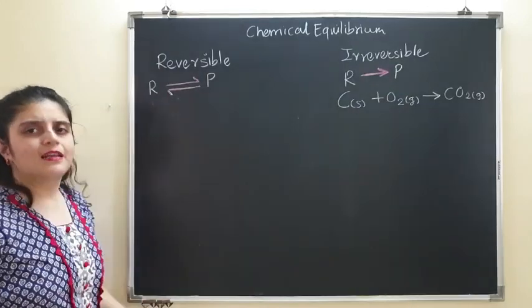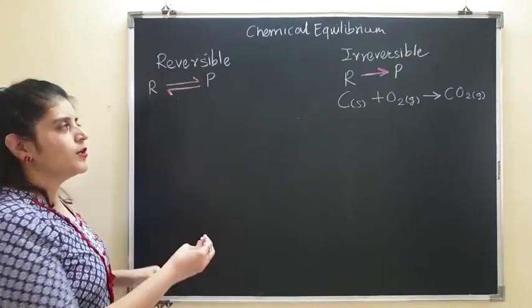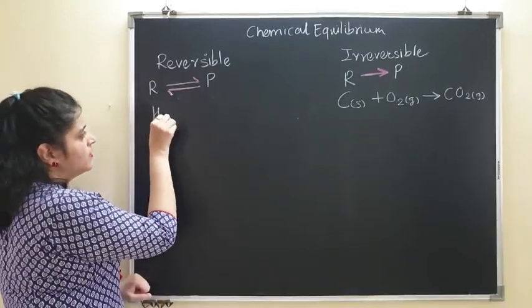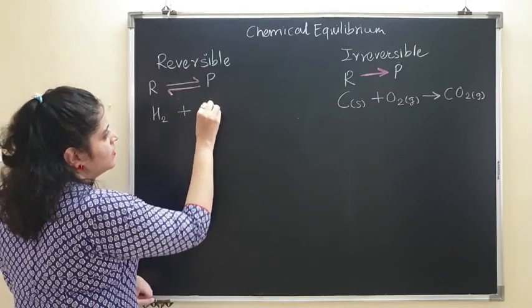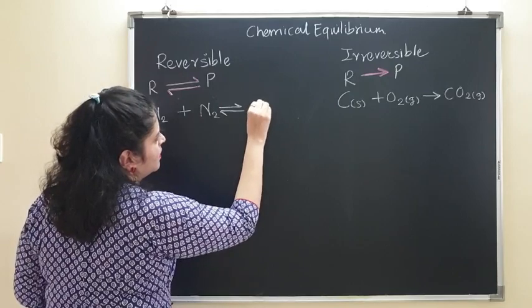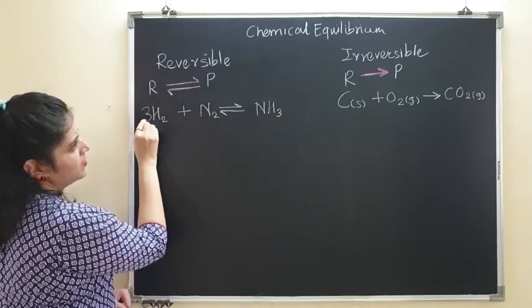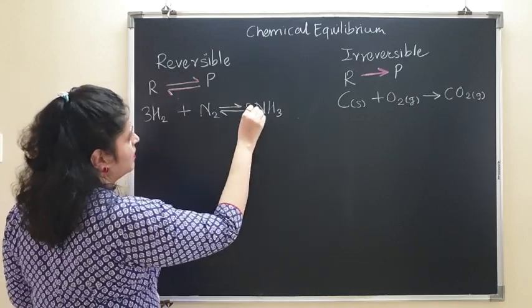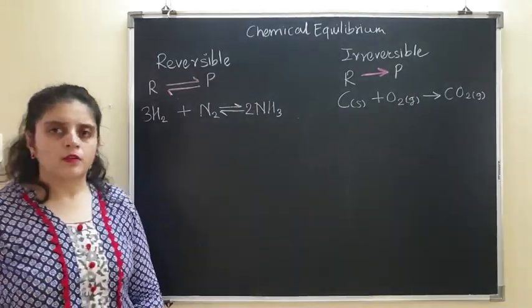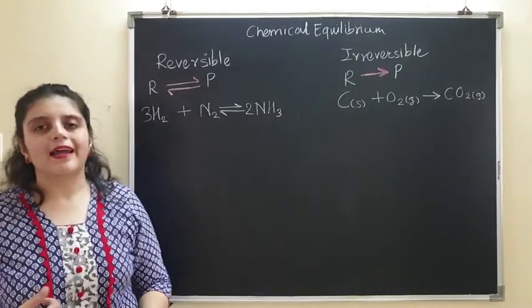Now in this case, let us understand the reaction of ammonia, formation of ammonia. So, H2 plus N2 forms NH3.